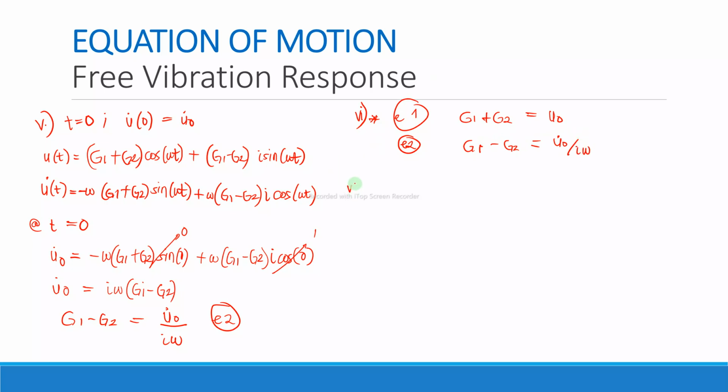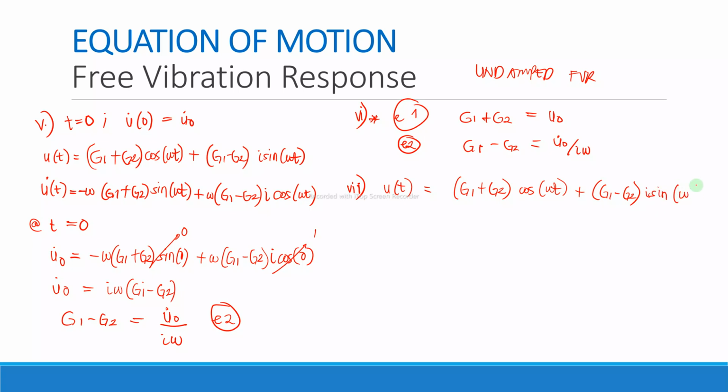Now we can substitute this to the governing equation for undamped free vibration. So we have u of t is equal to g1 plus g2 cosine omega t plus g1 minus g2 I sine omega t.